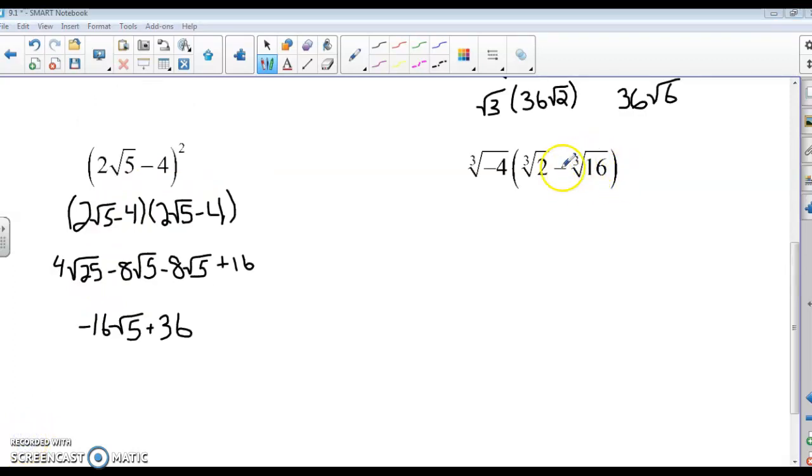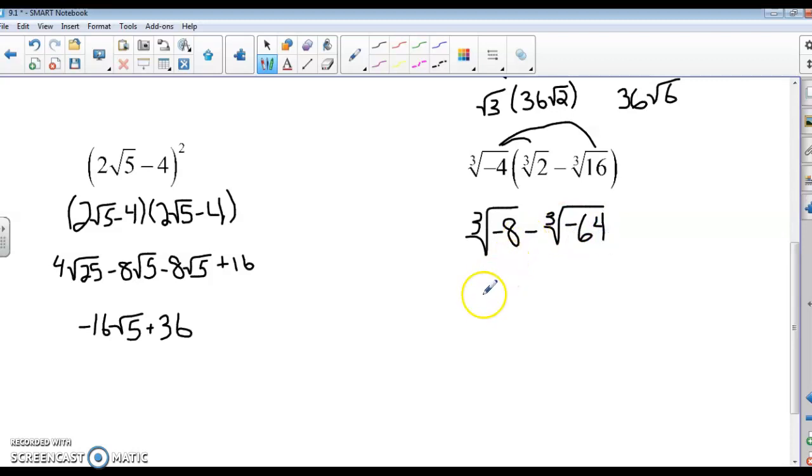And for this one here, we can simplify what's inside first if we wanted to, or let's distribute it first. We'll do it differently this time. It doesn't matter which way you do it, but this would give me the cube root of negative 8, minus the cube root of negative 64.